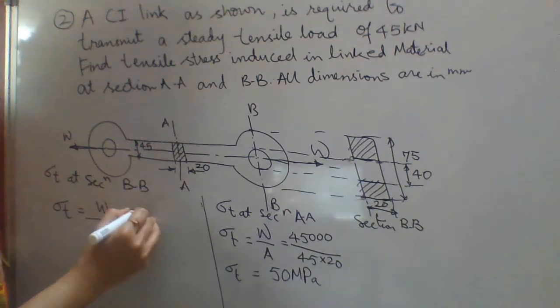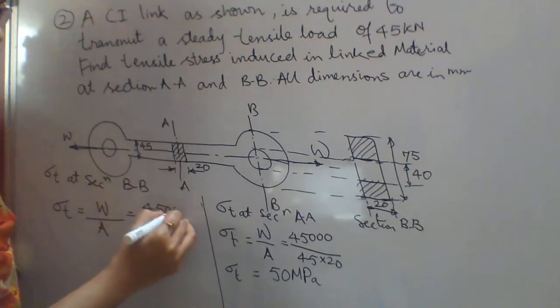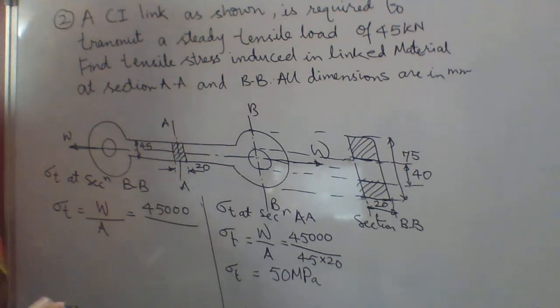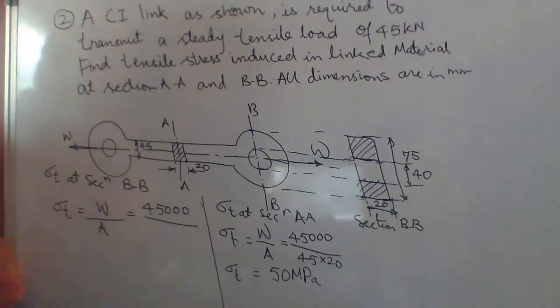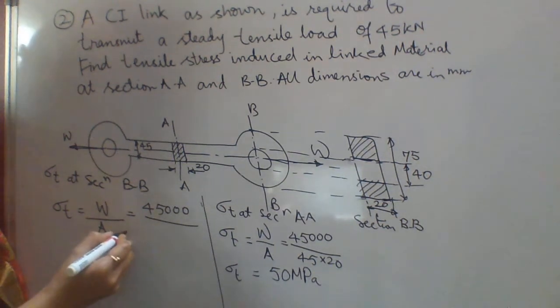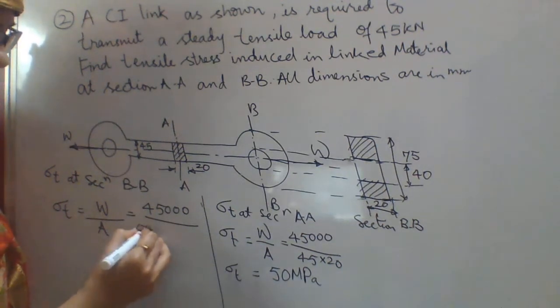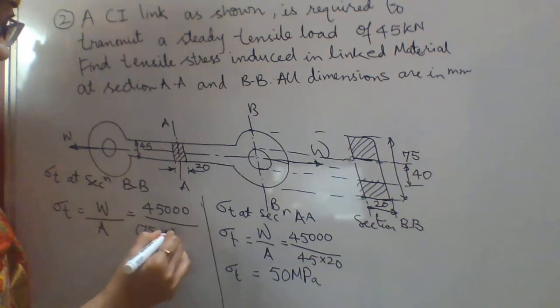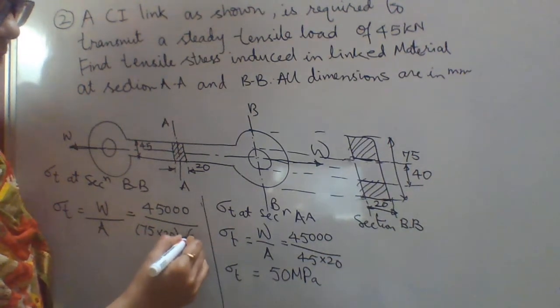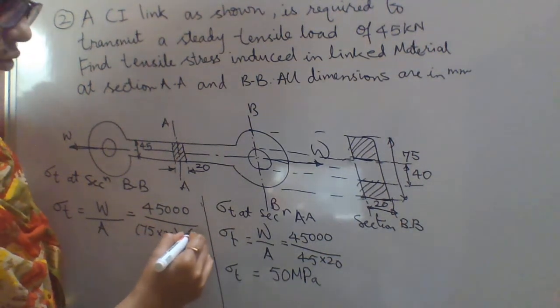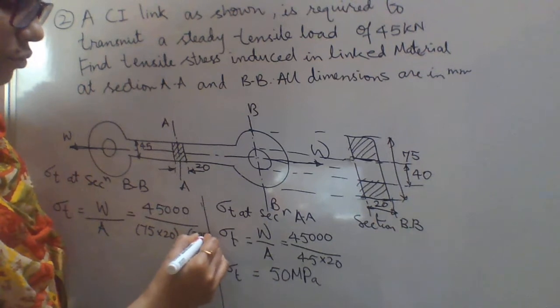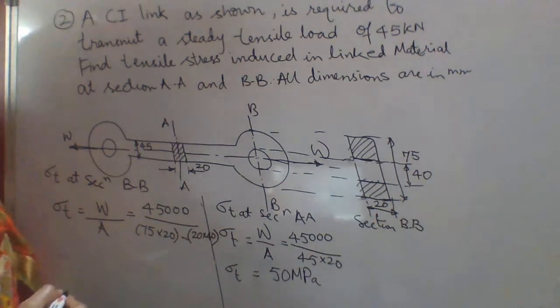Now the load is 45,000 and the area at section BB will be 75 into 20 minus 20 into 40.